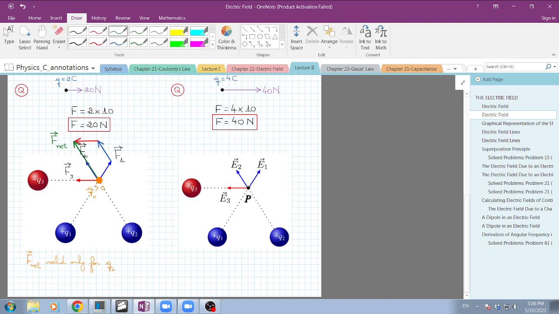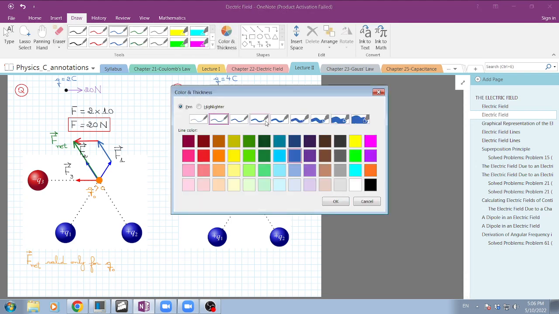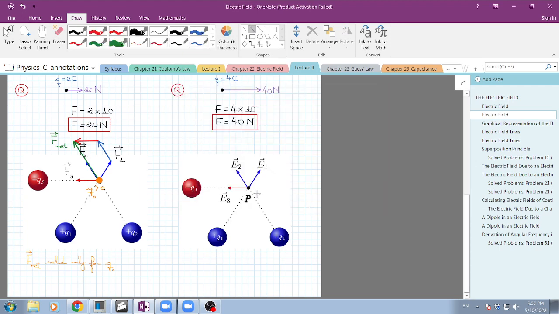The same way you are used to doing, adding up vectors, we can do this here too, solving this problem graphically, the same way you did before.